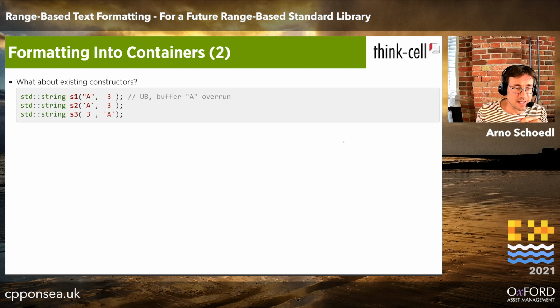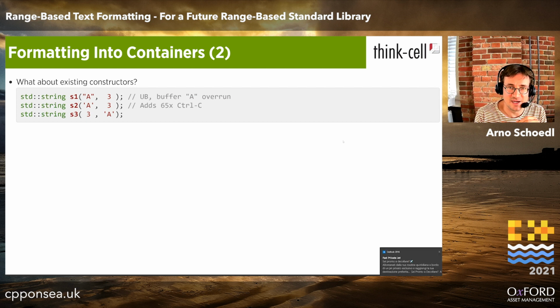That's not good. Well, the second one adds 65 times Control-C. I'm sure you are immediately aware when you see that's going to be the case, because the A is really the count and the 3 is the character. Only the third one does what you probably expect, and it adds 3 times an A.